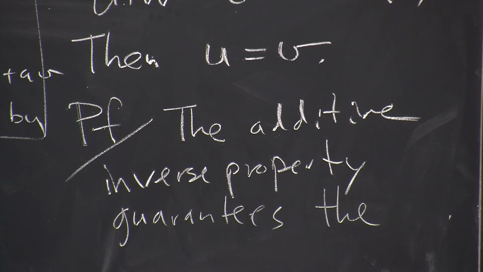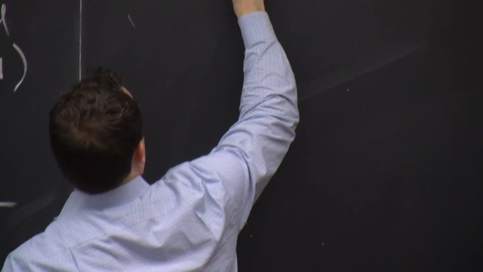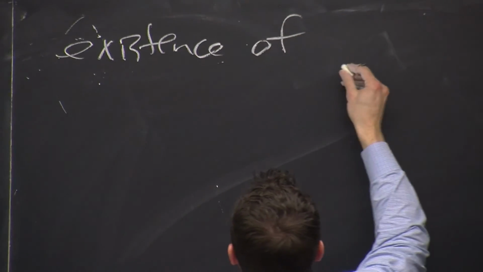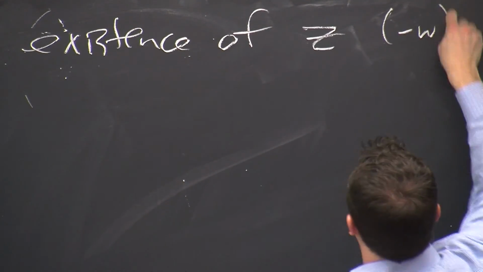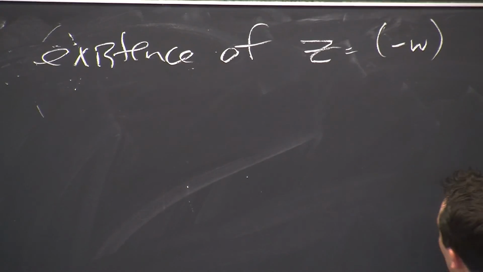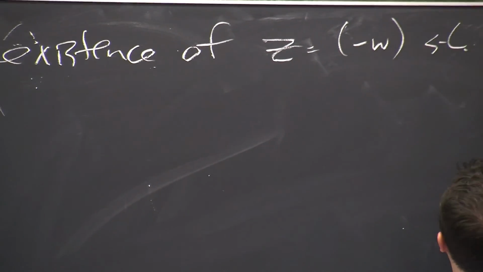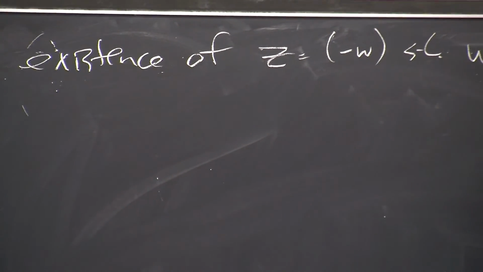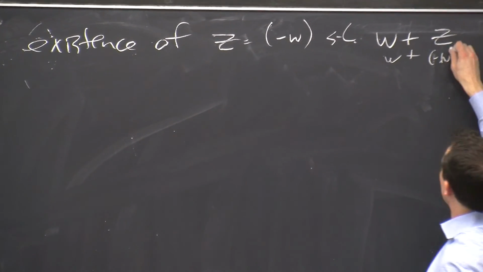The vector we'd like to get rid of here is W. So let's use its inverse. So this guarantees the existence of, let's call it Z, which we should think of as minus W, such that W plus Z, or W plus minus W, if we want to just think of minus W as a name for it.